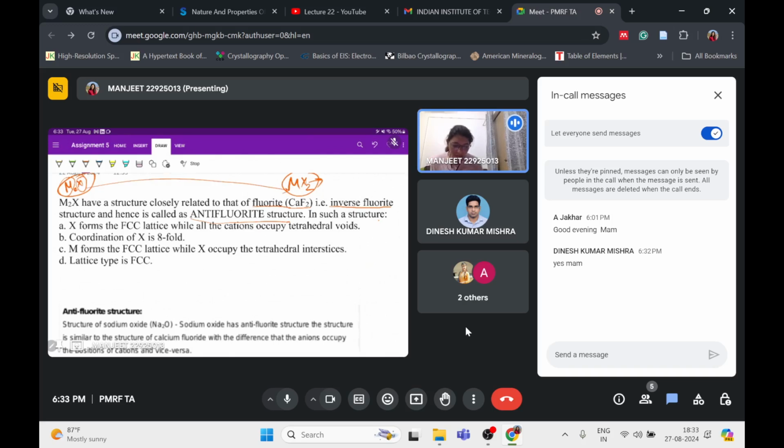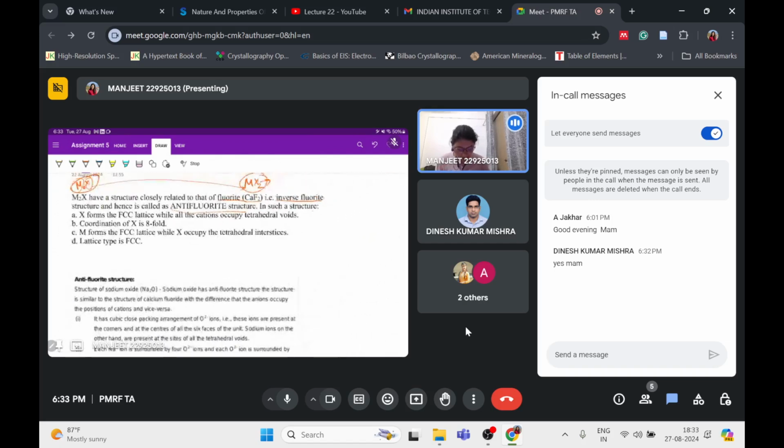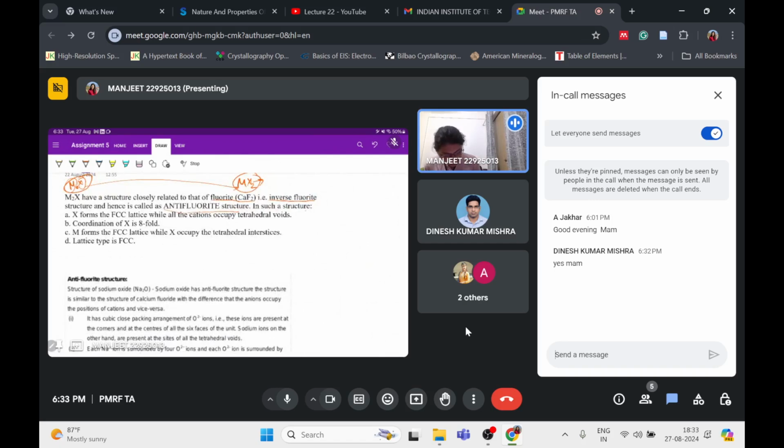I mean, they exchange their positions between cation and anion. So in this M2X, the X will be the FCC lattice, and M will occupy the tetrahedral interstices.